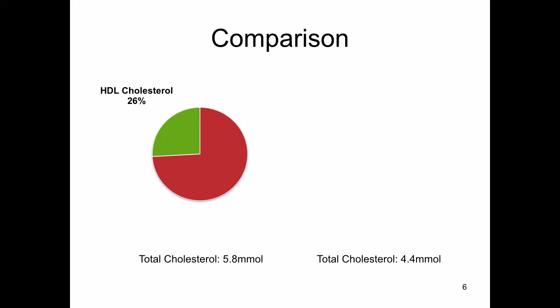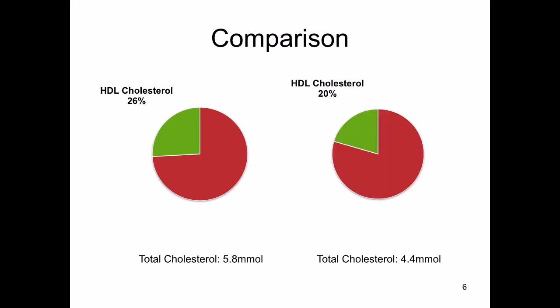The second example had a total cholesterol of 4.4, yet when we looked at the proportions of HDL, this was less than 25%, at 20. The reason for making a point of this isn't to prove that one set of cholesterol results is necessarily better than the other, but that there's much more to cholesterol than simply what our total cholesterol results are.